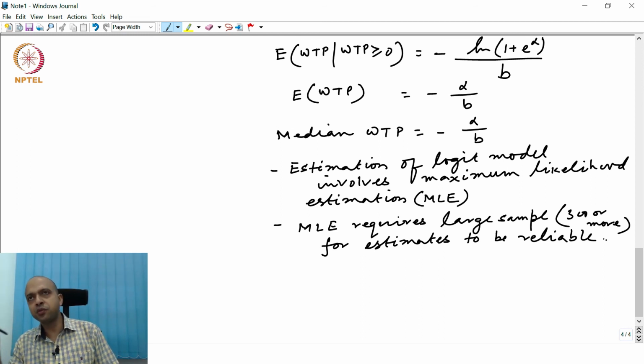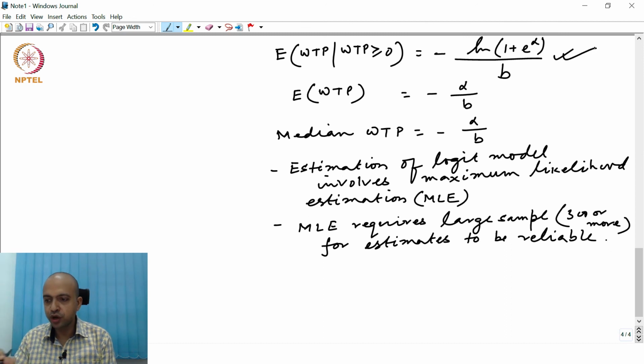We need a minimum of 300 or more households for getting reliable estimates of alpha hat and beta hat. Once we estimate the model from the big sample, we can easily calculate the conditional mean, which is minus log of 1 plus e to the power alpha, divided by b.